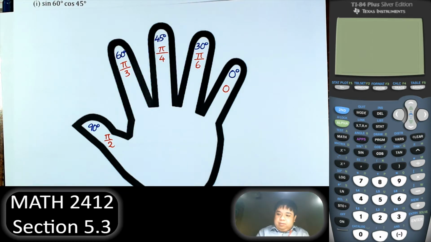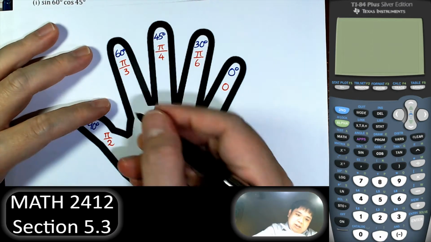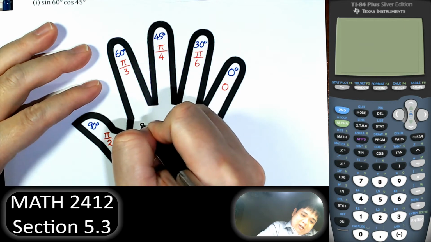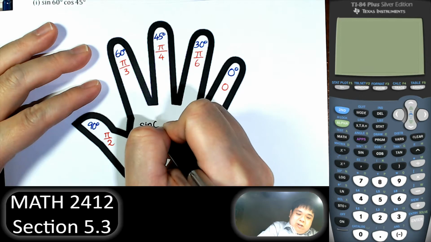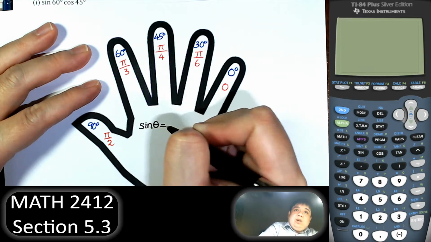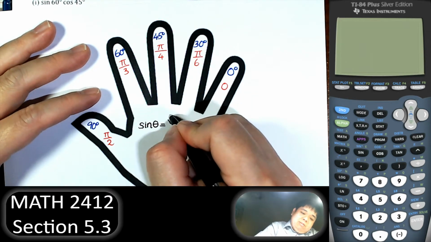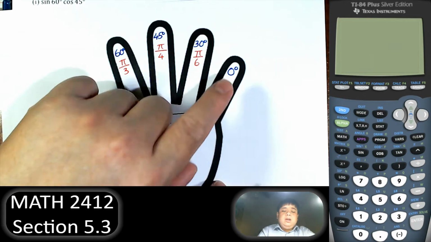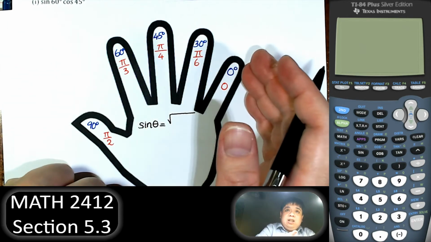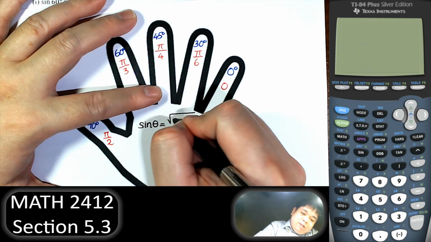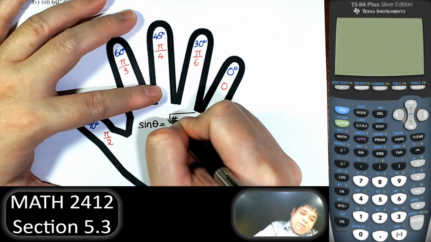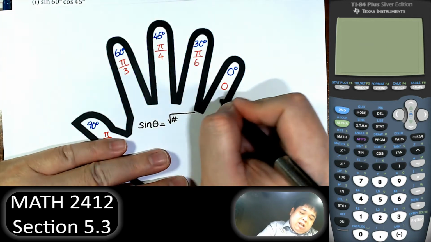And then what we define is the sine of an angle is equal to the square root of the number of fingers on the right, divided by 2.